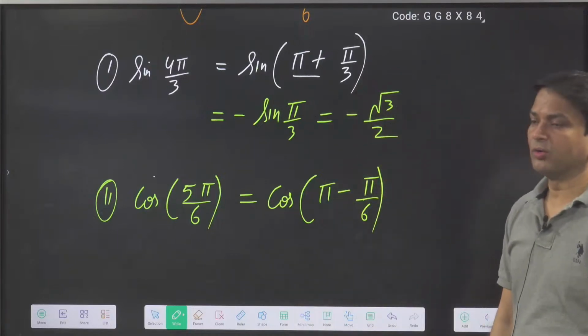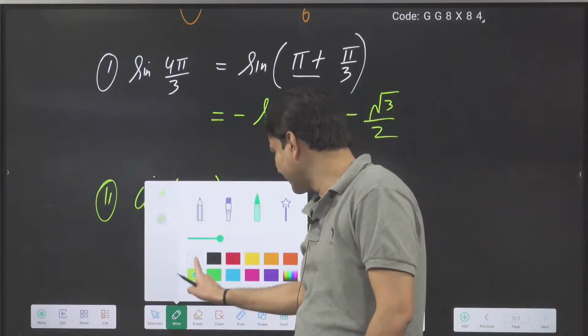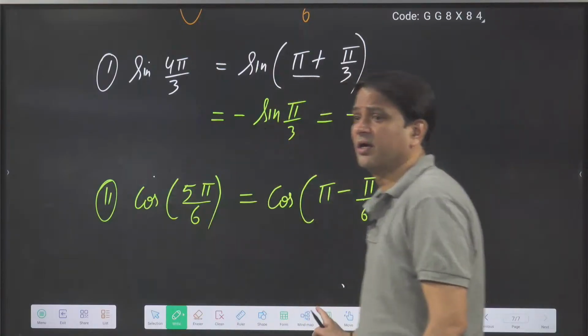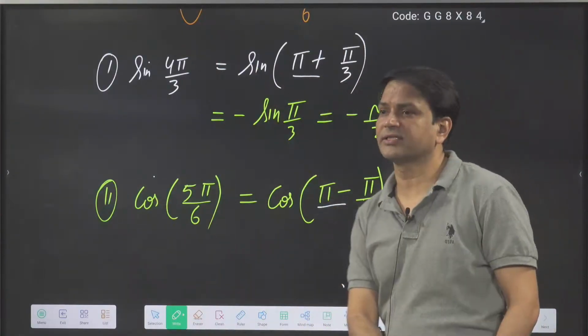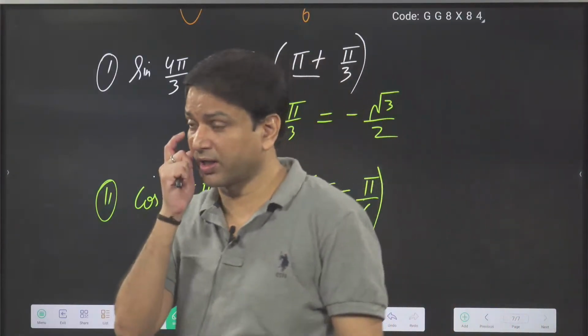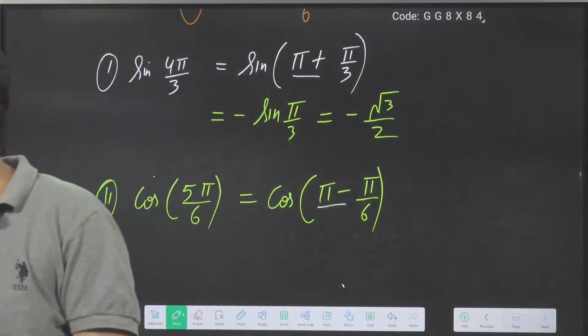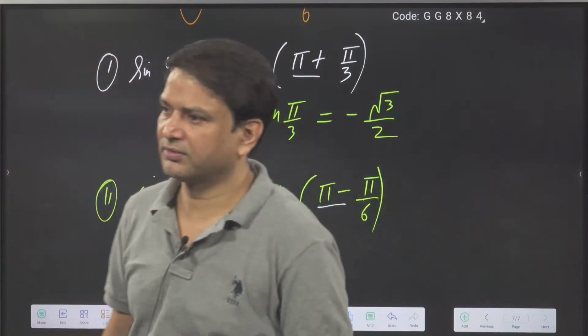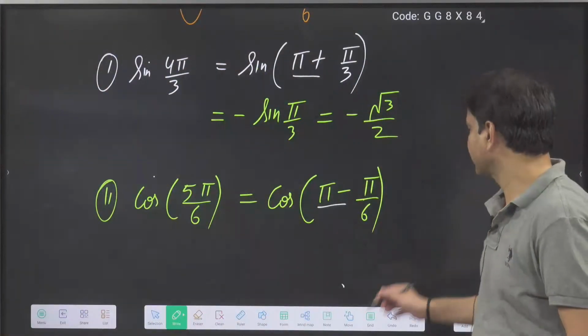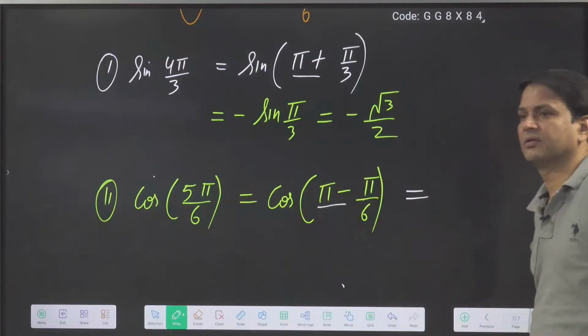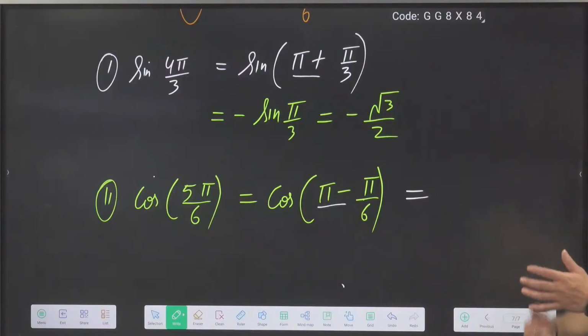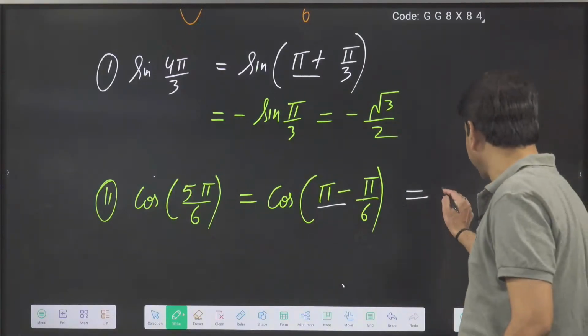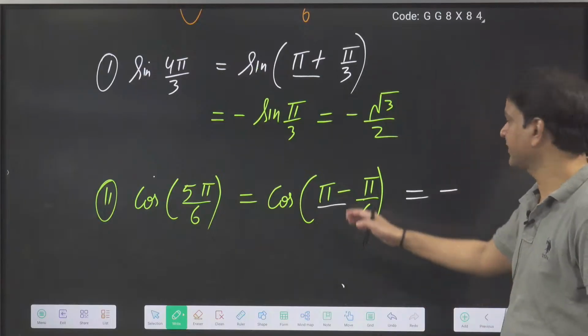Now, pi minus means which quadrant? Second quadrant. In the second quadrant, is cos positive or negative? Cos is negative, so I will put the minus sign first. After that, their role is over.